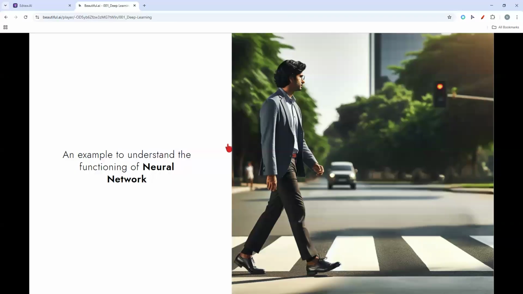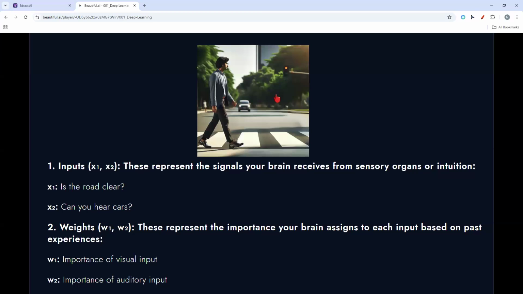So in this kind of situation, what will you be doing? You watch whether any vehicle is approaching you or not. These are the things that come to mind, and those are nothing but your inputs. Is the road clear or not? That is the first thing, because you have to cross the road.